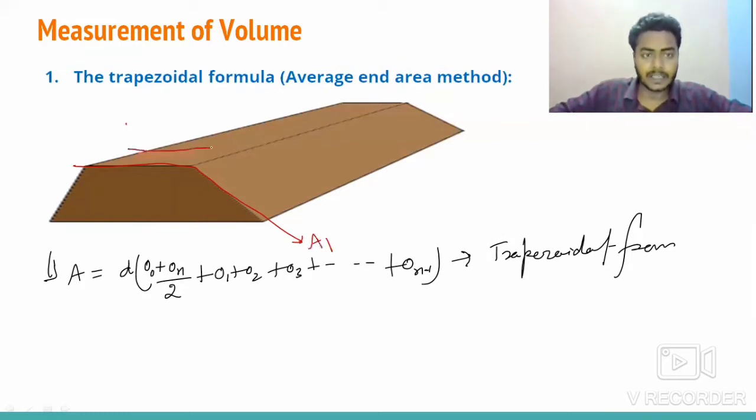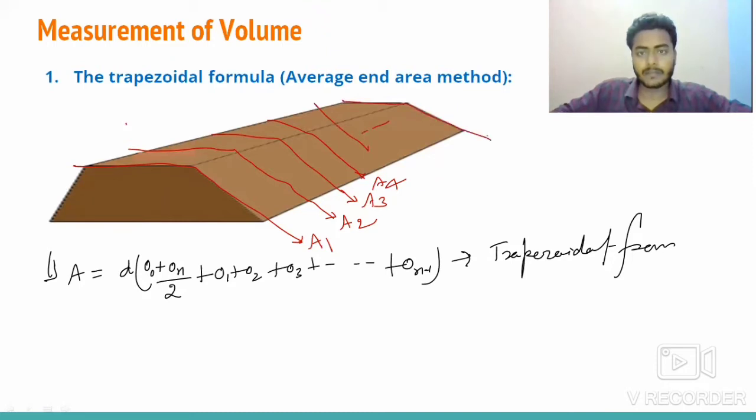Again we can cut like this, giving the name A2, A3, A4, and the last one that is An.